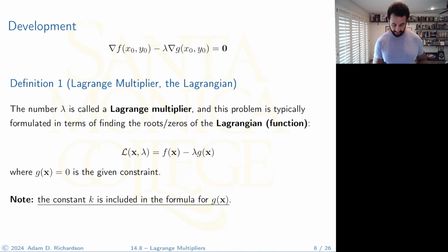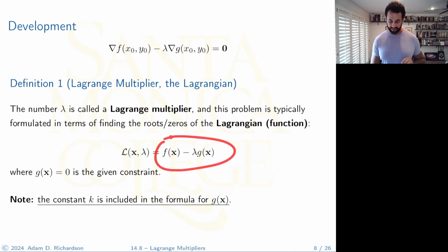And here I'm writing it for an arbitrary number of variables, so x is like a vector x, right? So this holds for any number of variables. What we're doing is looking at this difference function and we want to find its zeros. When we find the zeros, we've found the points x, y, and lambda where this is going to zero out, all right?